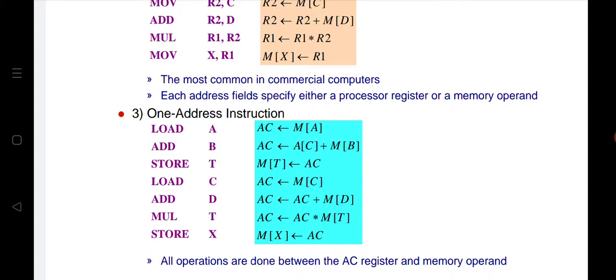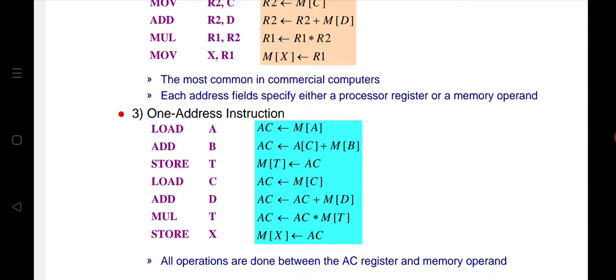One address instruction. When you say one address instruction, in all these instructions I will be using only one address. So here I will be going with the concept known as load and store. First I will be loading the accumulator contents with M of A. Load A means the A data will be moved into the accumulator.